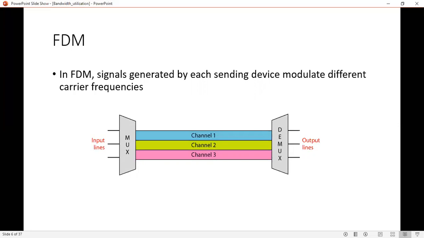So we have input lines as shown in the diagram, and we have channel 1, channel 2, channel 3. The multiplexer will divide the channels into F1, F2, F3, and the demultiplexer identifies these combined frequencies, that is, the channels are with respect to these frequencies.